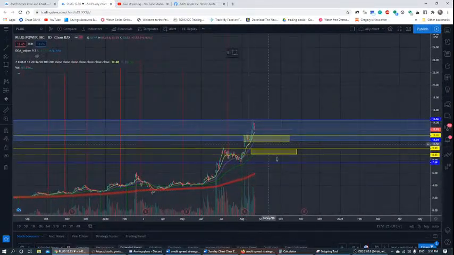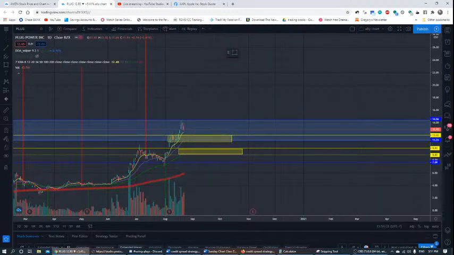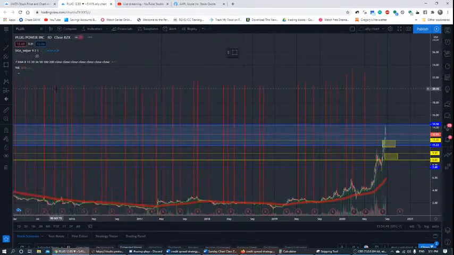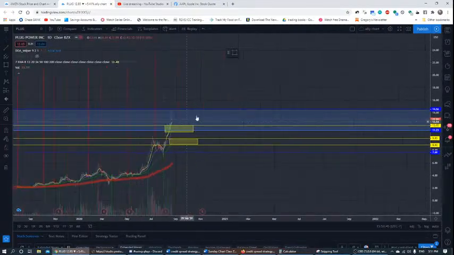We'll see how this one plays out. Just keep it on watch. But if we break above 14.56, look for the next price target on the monthly. This chart's kind of gnarly.